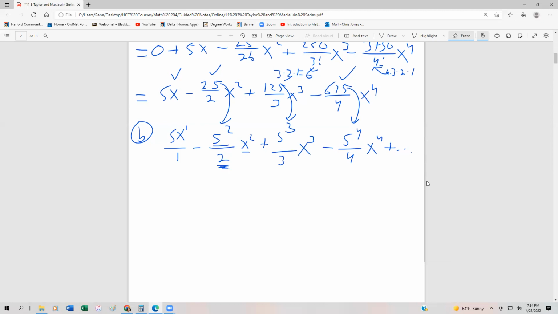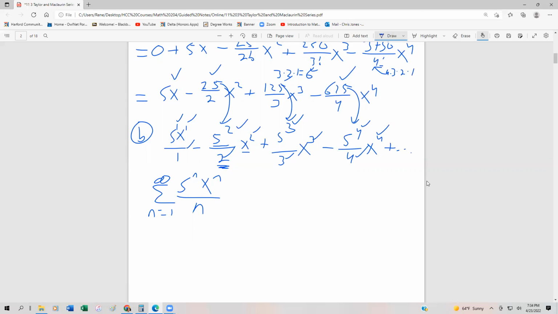And so the series we would get, ignoring the signs for right now, is the series starting at 1 to infinity, and that is going to be 5 to the n x to the n over n. Okay, so I want you to notice that this is like 5 to the first, so we have a 1, 1, 1, and then a 2, 2, 2, 3, 3, 3, 4, 4, 4.